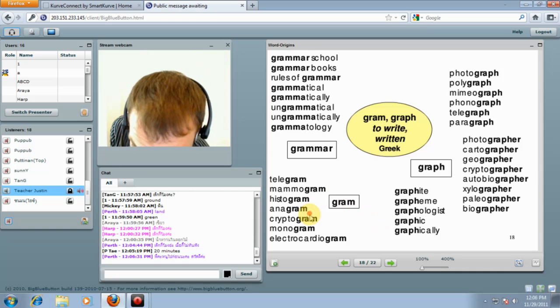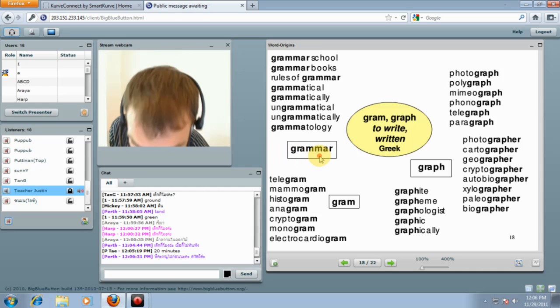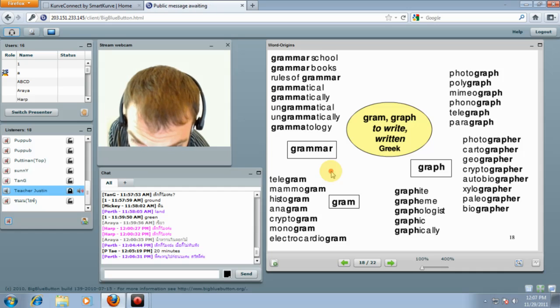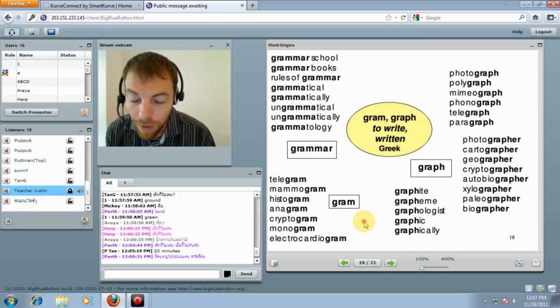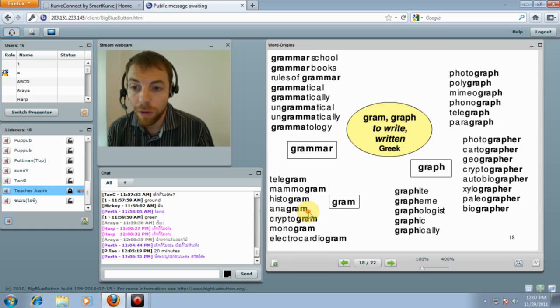We have many different grams as well. As obviously grammar is the biggest one everyone knows, but telegram and cryptogram. Cryptogram also is writing something in code.